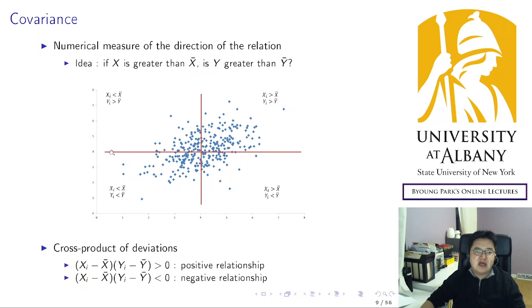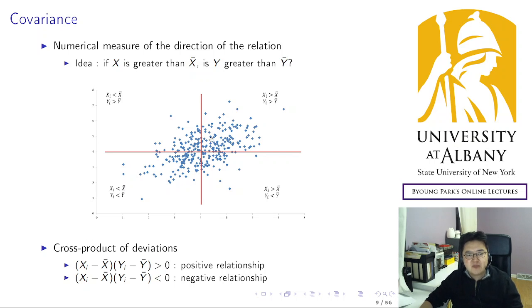So suppose that this point is the center, x bar and y bar. The sample averages of x and y give the center of the two-dimensional scatter plot and divide the plane into 4 quadrants.